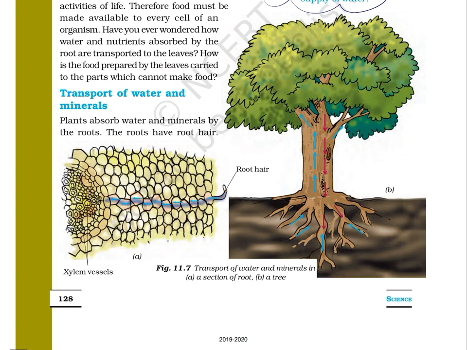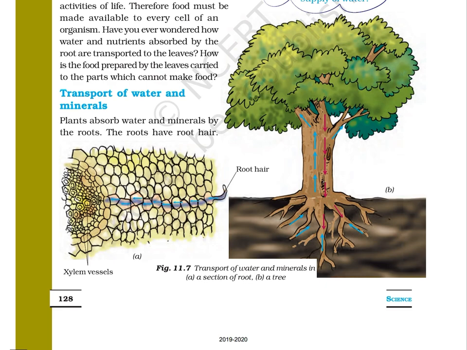B. A tree. Here we can observe a lush green tree. Blue arrows are traveling from the roots of the tree towards its branches. Red arrows are moving from the branches towards the roots of the tree.